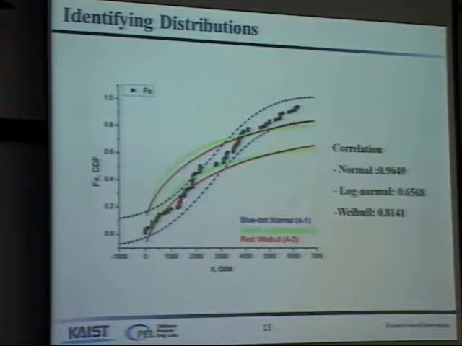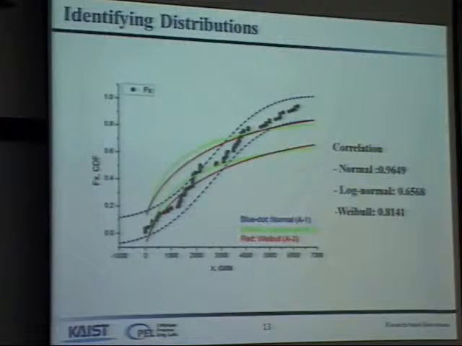These dots are the data set, and the blue line is the normal, the green line is the log normal CDF, and the red line is the Weibull.